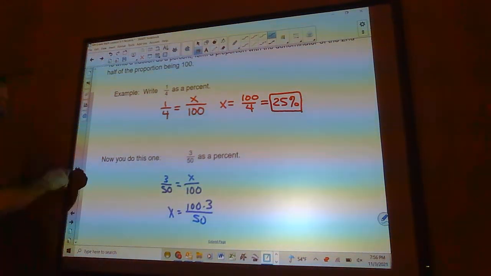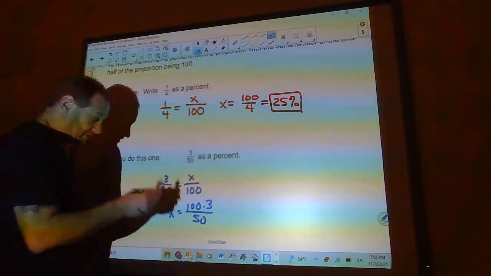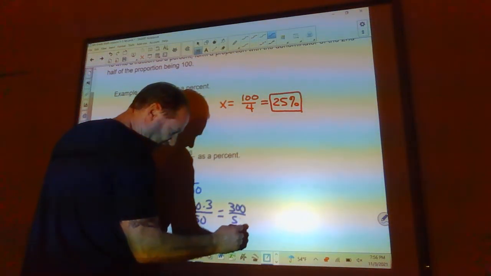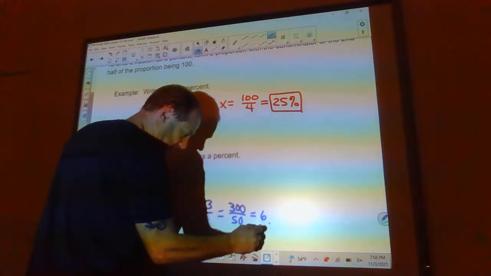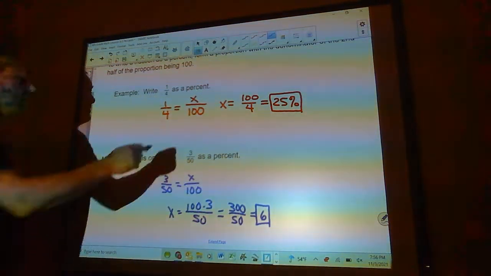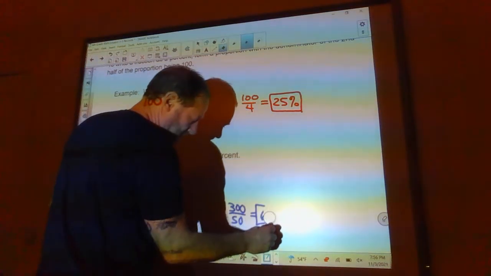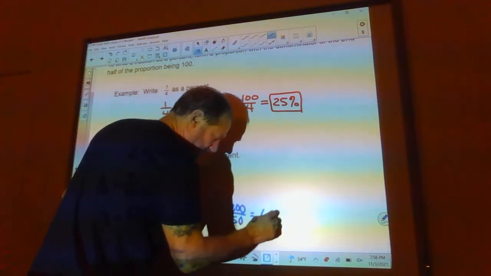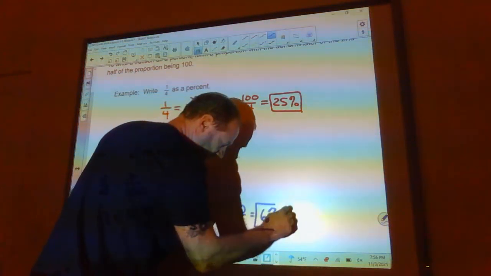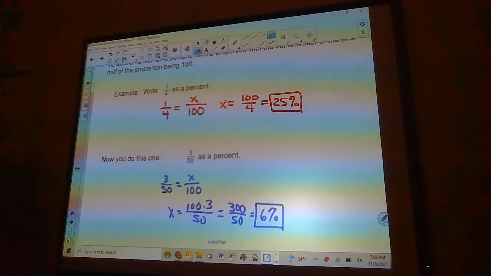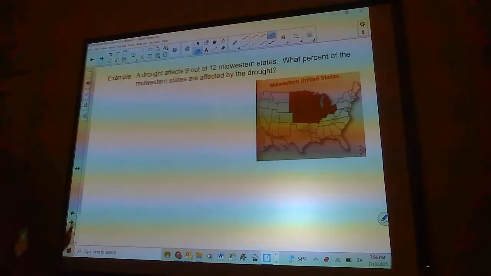Okay, so 100 times 3 is 300 divided by 50, which is going to be 6. Whoops, not just 6, it's a percent. So it's going to be 6%. There we go, that's better. All right, hopefully that's what you got.